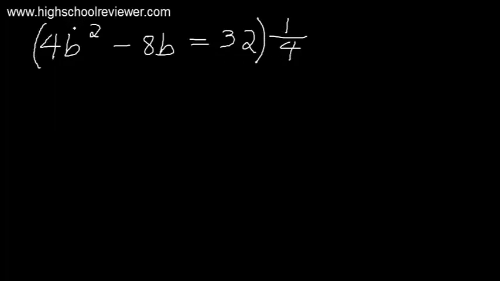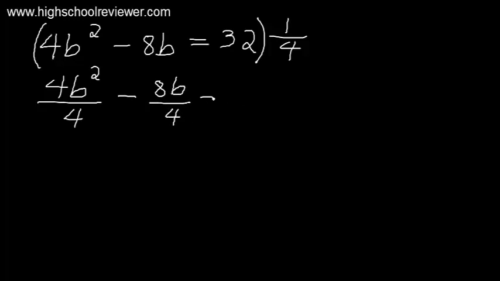So 4b squared times 1 over 4 will be 4b squared divided by 4. And negative 8b times 1 over 4 will be negative 8b all over 4. This will be equal to 32 times 1 over 4, that is 32 divided by 4.